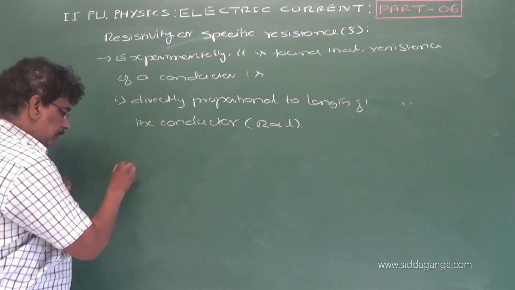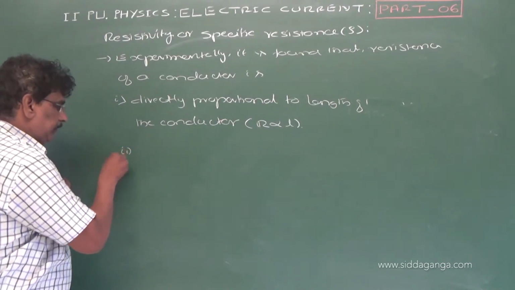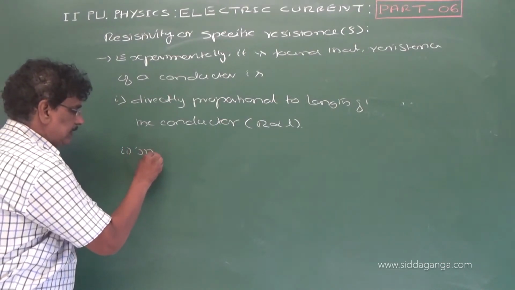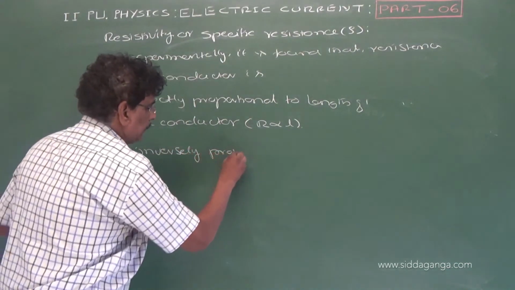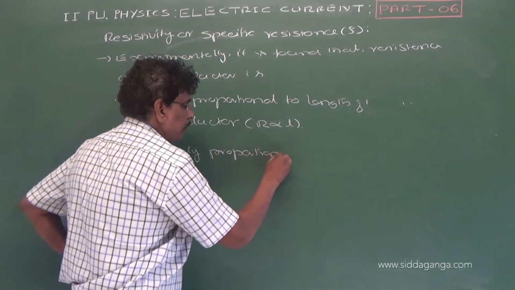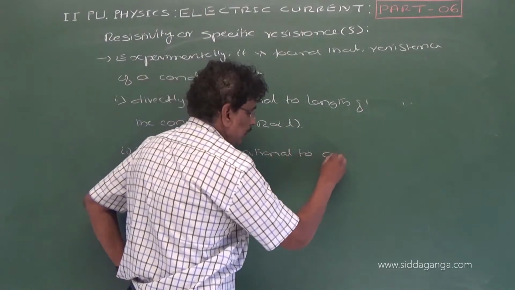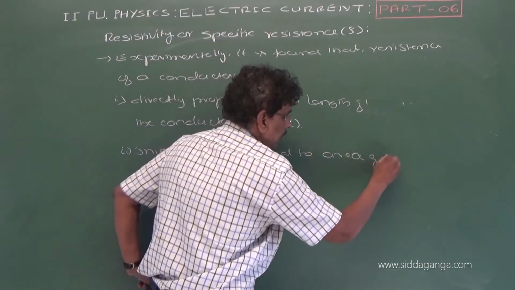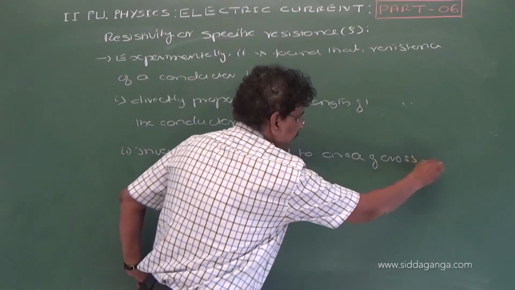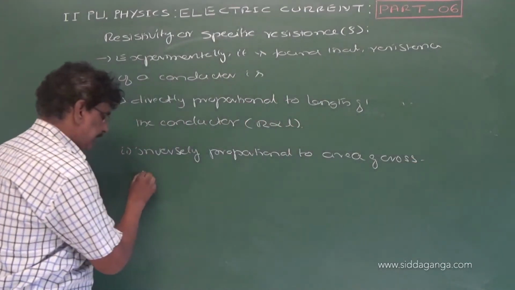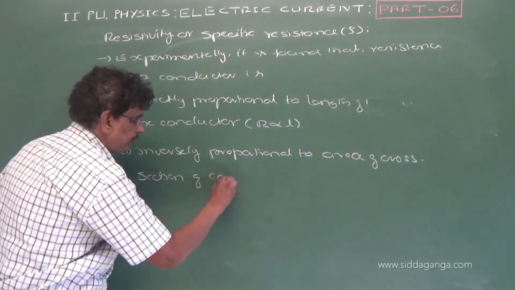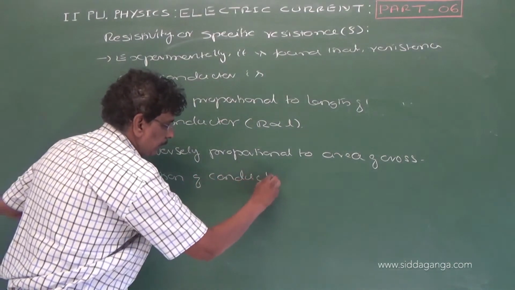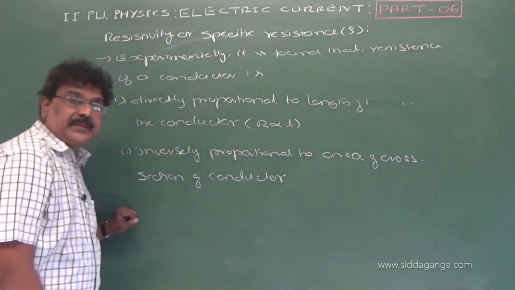Number two, it is inversely proportional to the area of cross section of the conductor.